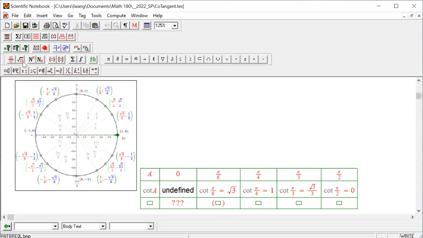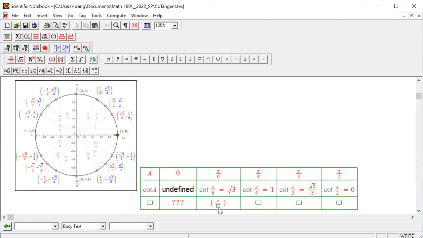This point is pi over 6, √3. And this point is going to be pi over 4, 1. And that point is going to be pi over 3, √3 over 3.